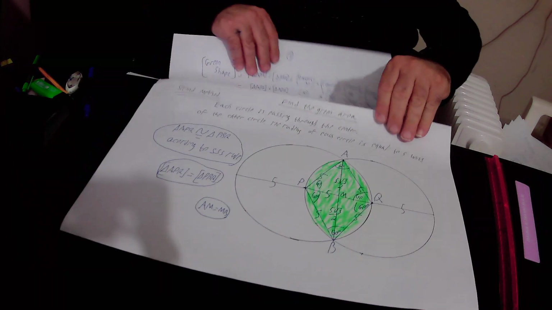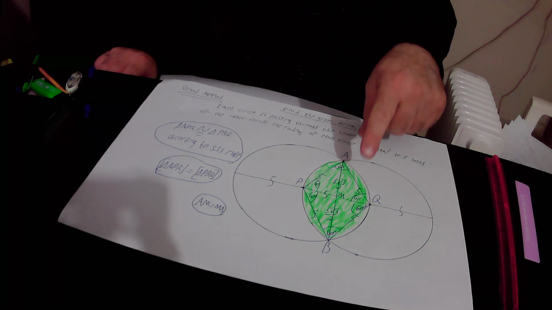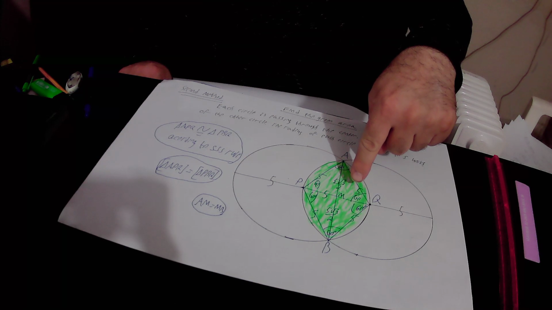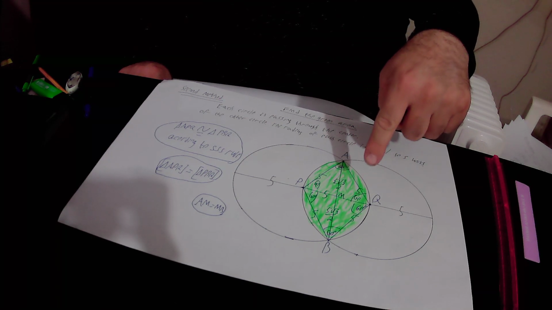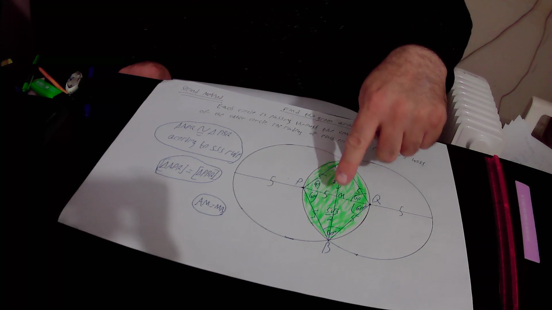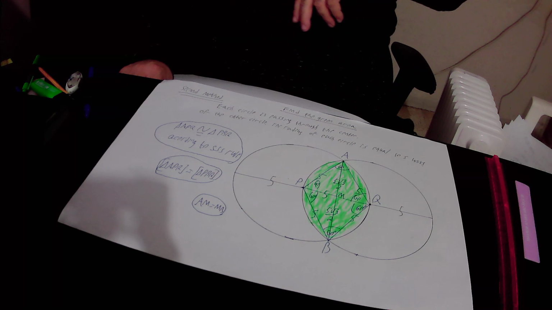And we actually have here two equilateral triangles. Triangle APQ is an equilateral triangle. All of its sides are equal to each other. And triangle PBQ is also an equilateral triangle because all of its sides are equal to 5 units.